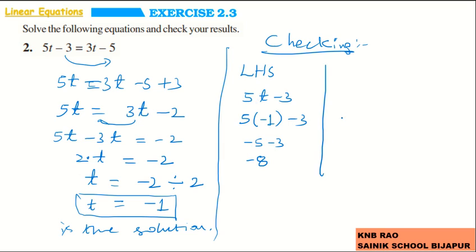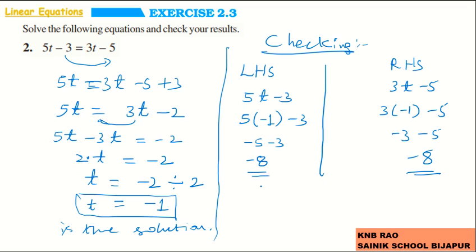And separately I am doing the right hand side now. The right hand side is 3t minus 5, 3 into minus 1 minus 5, 3 into minus 1 is minus 3, minus 5 and minus 8. So, the right hand side I also got minus 8, the left hand side also I got minus 8.